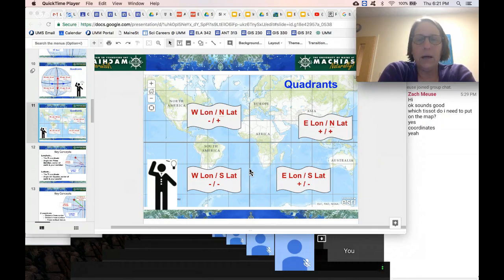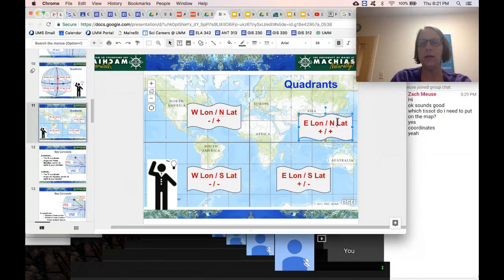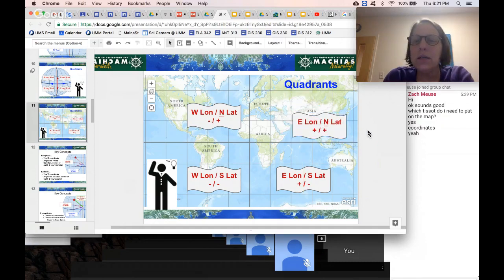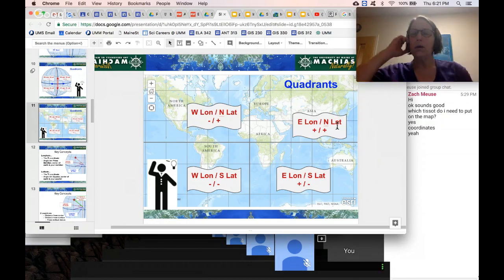But it's important to know that each of these quadrants is its own. I wanted that down there because I want you to see that Asia is there. So each quadrant has its own positive and negative signs, just like the graph paper that you used in middle school.